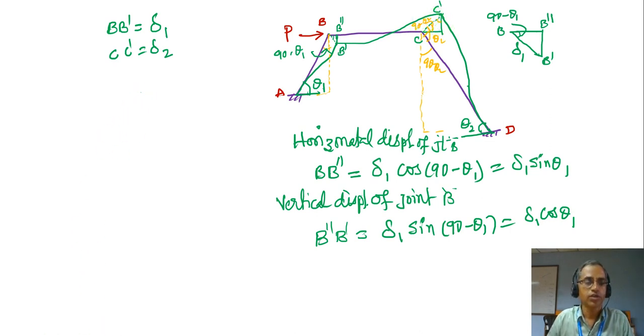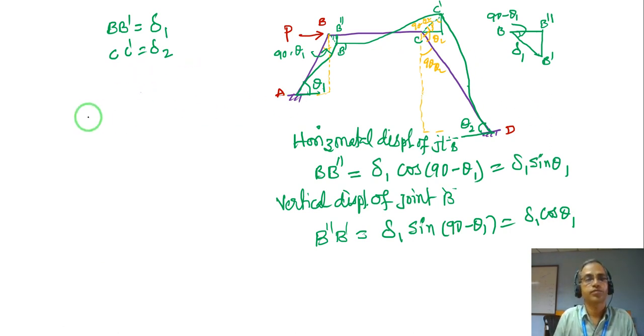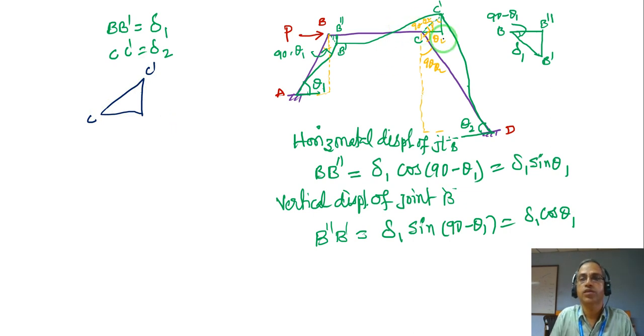If I draw C separately here, this is C, this is C dash, let us call it C double dash. So this has become 90 minus theta 2. And the displacement in member CD is delta 2.